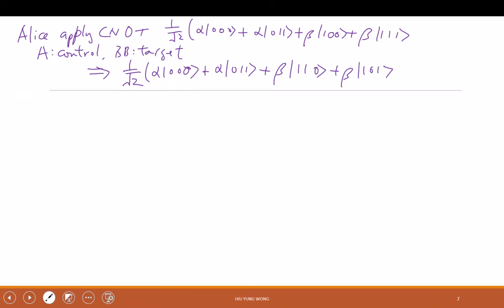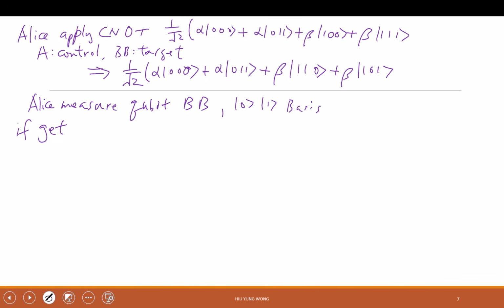This is given. So Alex measures qubit BB. What will happen? If she measures the middle qubit, what will happen to the qubit? It will collapse, and I also need to say, on the 0-1 basis this time.